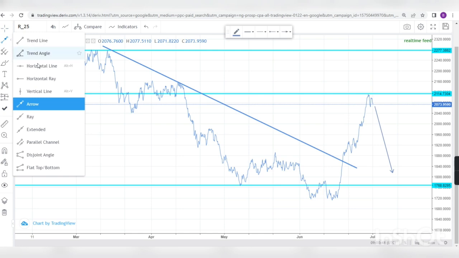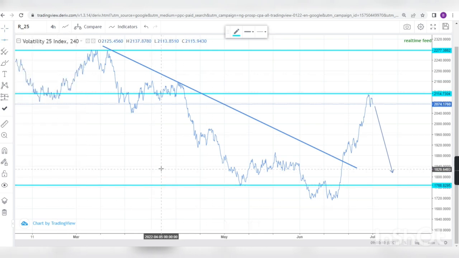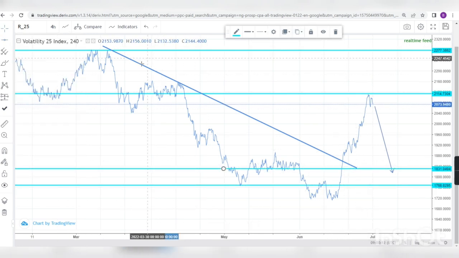Let me show you how we can set our take profit. Similar stuff here where we had issues. So this will also be a stop loss level here.